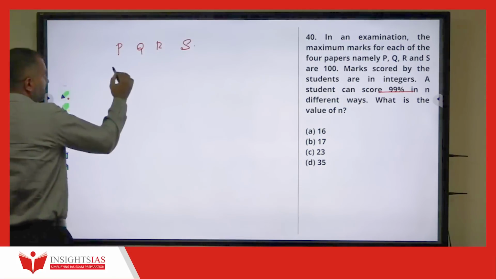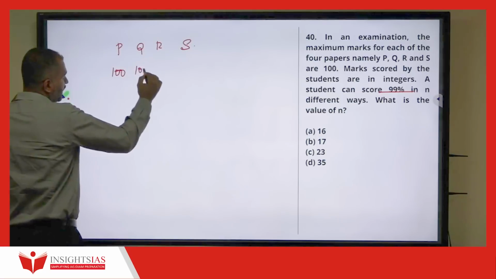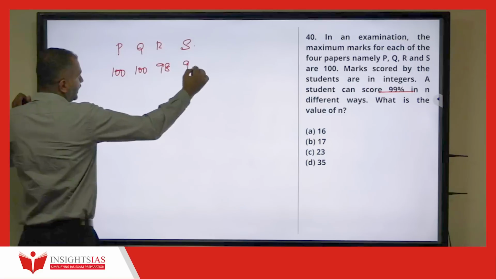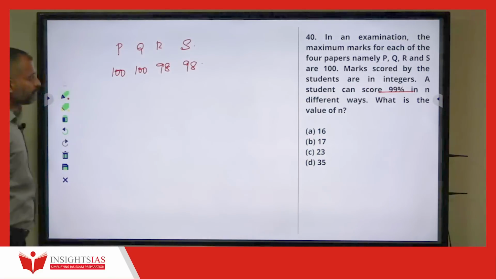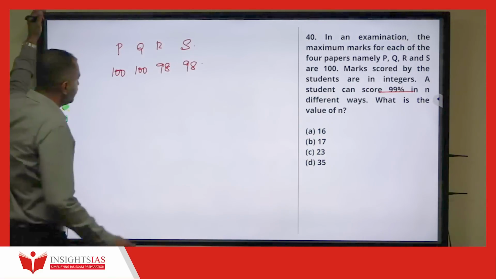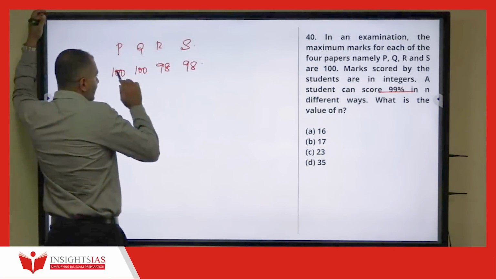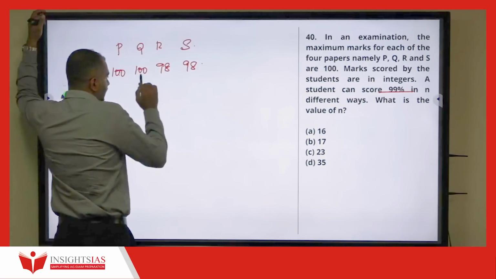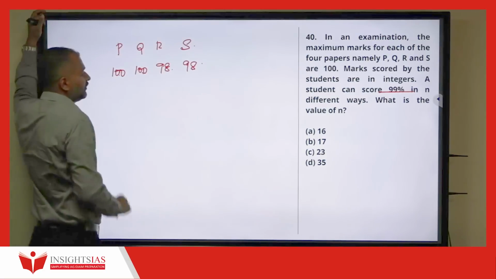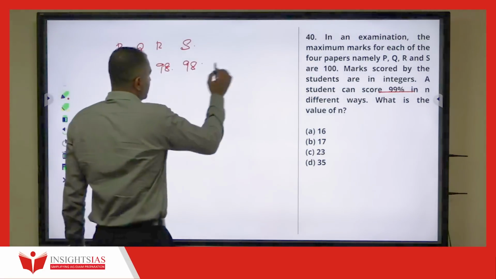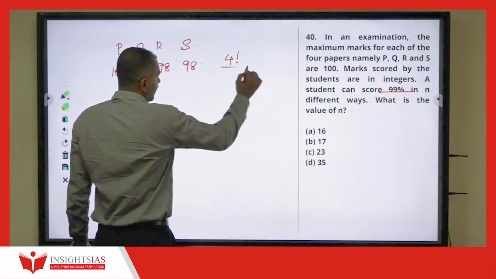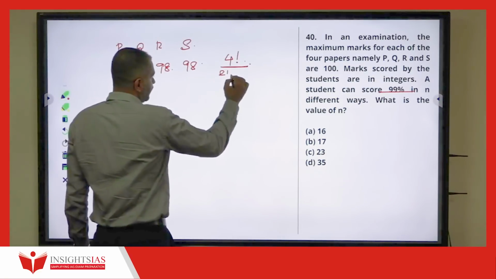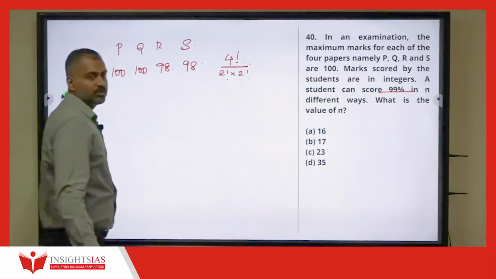So maximum possibility, see, 100 he can score, here 98 he can score, 98 he can score. Now see, if I put the combination, this 100 can go here, 98 can come here, this 100 can go here, 98 can come here, in this way. But here, how many different ways? 4 factorial divided by repetition, 2 factorial into 2 factorial ways. This is one possibility.